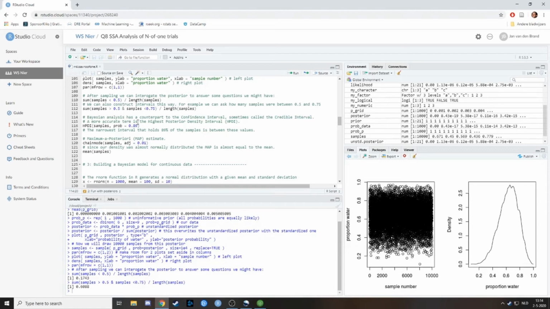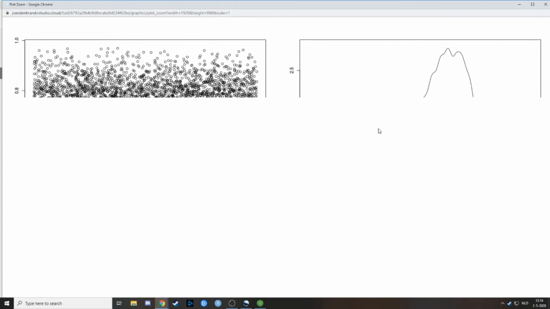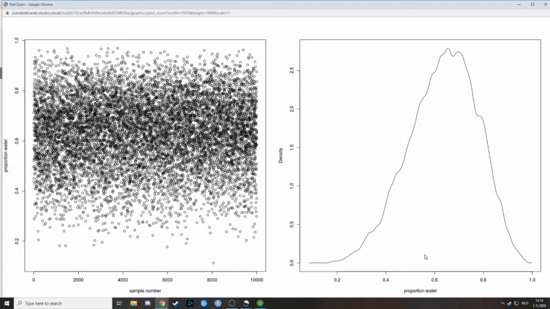However, a more accurate term would be the highest posterior density interval, which seems a little bit vague, but what this actually means is that you take the boundaries where most of the probability distribution is. So for instance, if we take a 95% credible interval, then we would want the boundaries to be where 95% of the samples for the proportion of water would reside. So it would be somewhere between here and over here, possibly.